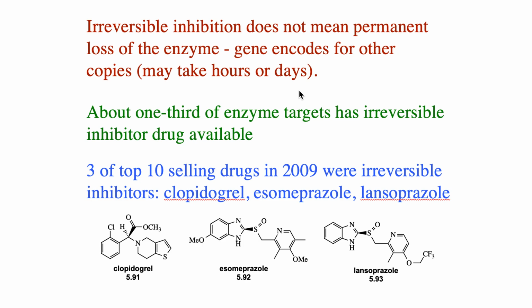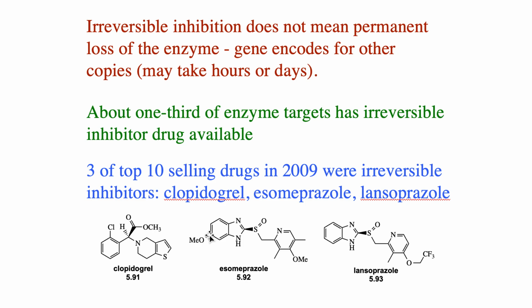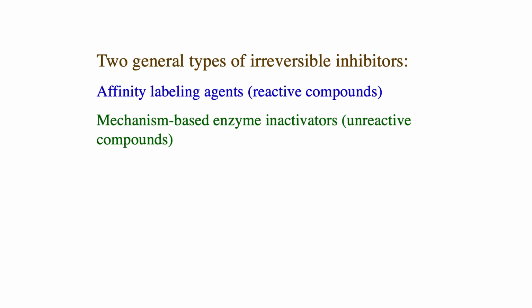They're just not as commonly prescribed, except for proton pump inhibitors for acid reflux. A lot of these are now off label, and you can buy them over the counter.